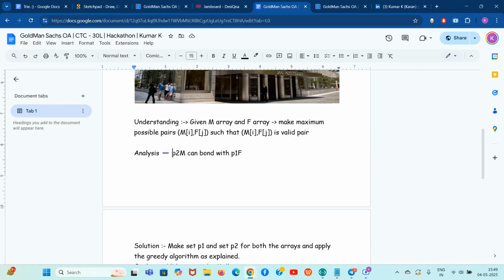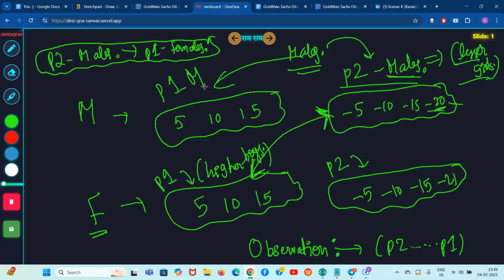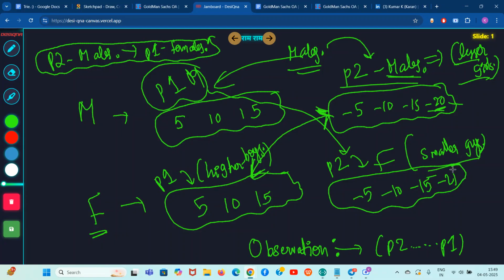So you should know that P2 males can bond only with P1 females. Similarly, P1 males can bond with only P2 females. Why? Because here the females want smaller guys, and here the males want bigger girls.